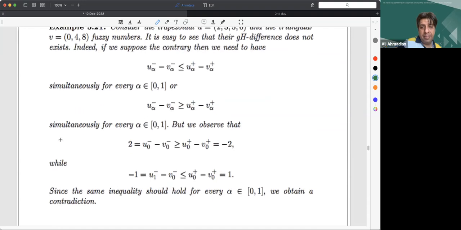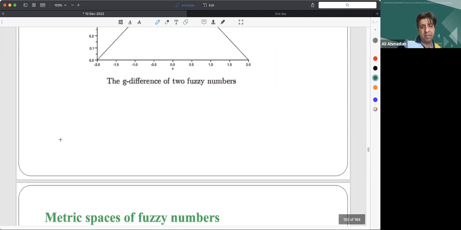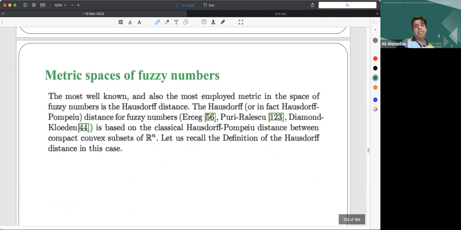What we have here is an example, but I will skip it because it would make things confusing for you. So, metric spaces of fuzzy numbers. If you read fuzzy textbooks or fuzzy articles, in the beginning or preliminary part, you can see that the authors propose a space they call a Hausdorff space, and this Hausdorff space has a Hausdorff distance.